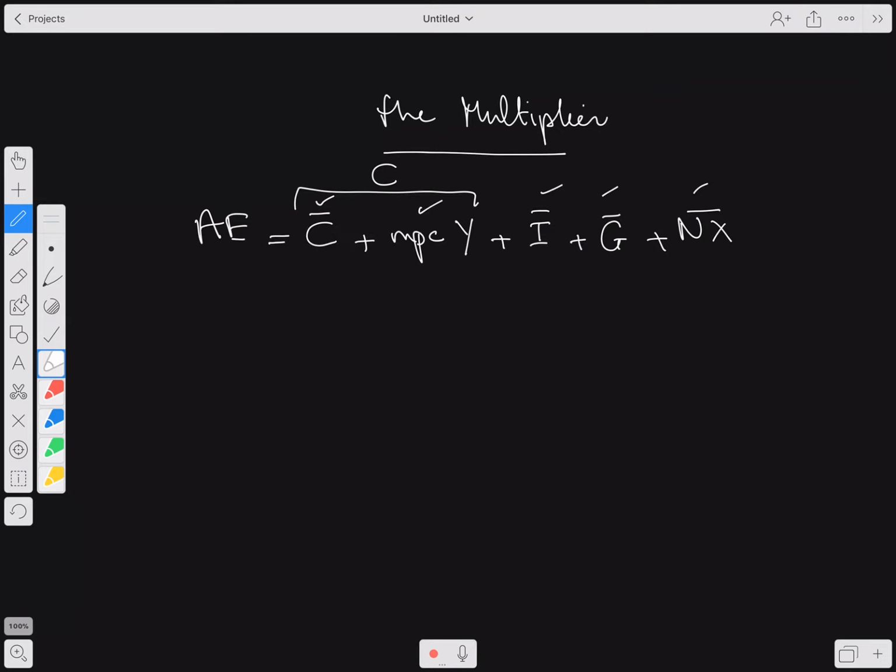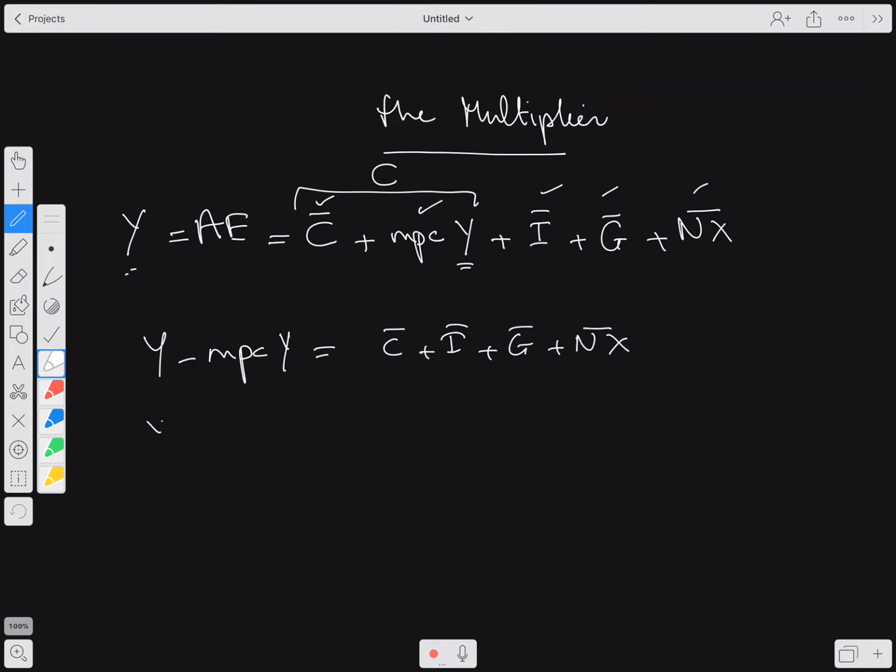And we have this big assumption that whatever this economy is spending is equal to the total income, okay? And accordingly, we were able to solve for y by saying that y minus MPC y is equal to C bar, I, G, net exports.